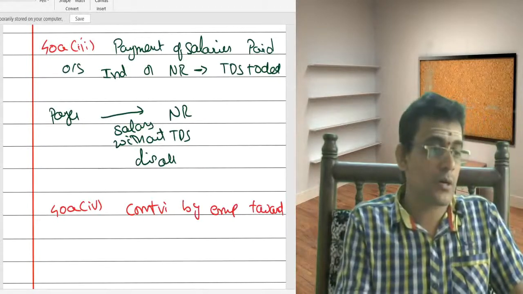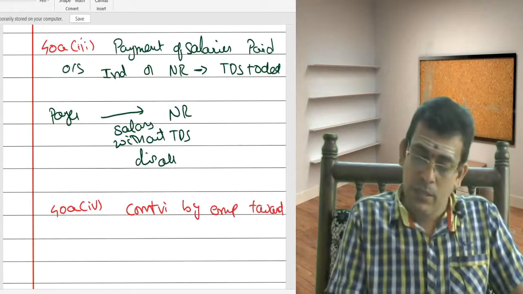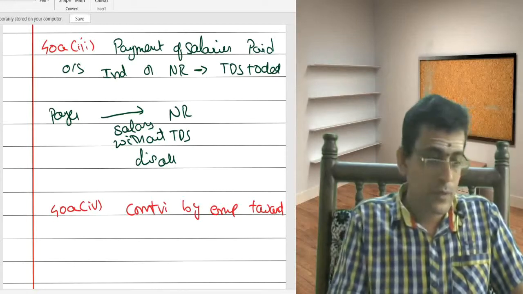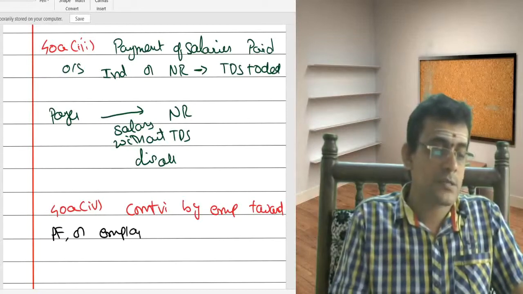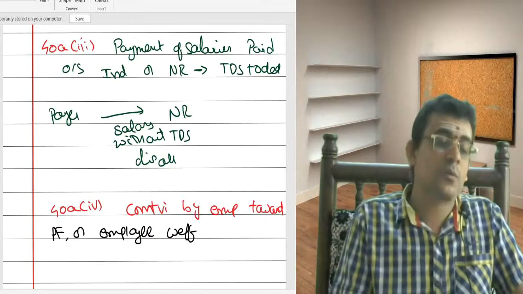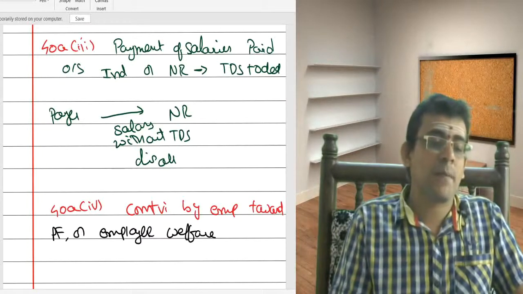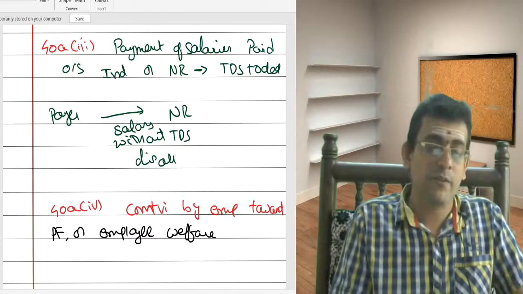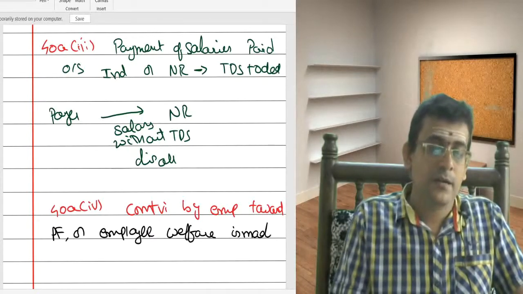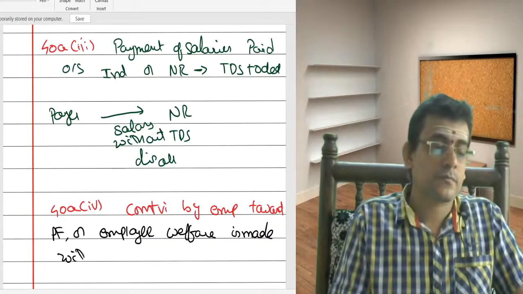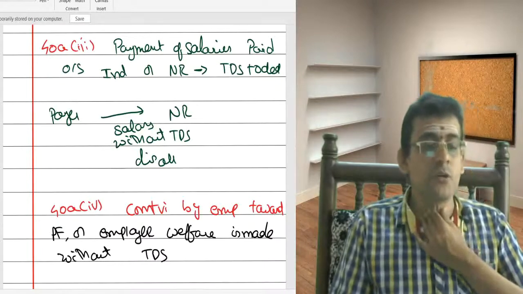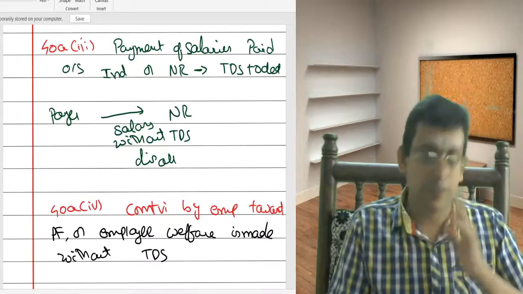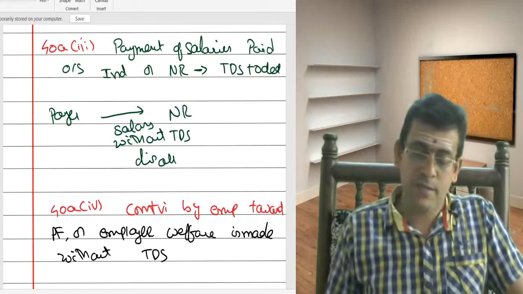Contribution by the employer towards either provident fund or employees welfare fund. How is the contribution made? The contribution by the employer towards this PF or employee welfare fund is made without TDS. If the contribution by the employer is made without deduction of TDS, then 40A subsection 4 says disallow.